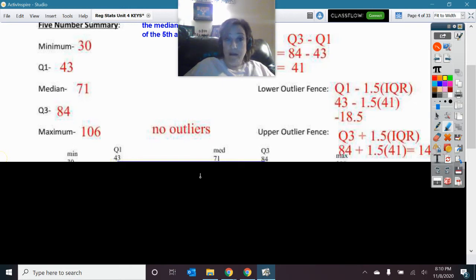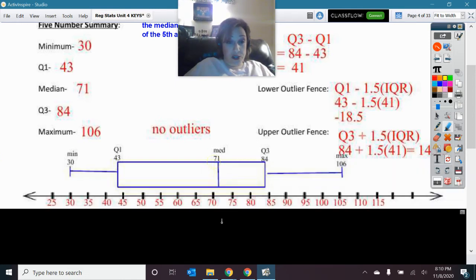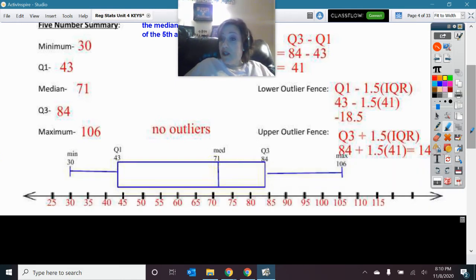All right, now let's graph. Scale, box, fences, whiskers. Put those outliers on. Here's the thought process I went through to figure out my scale: I thought 106 minus 30.